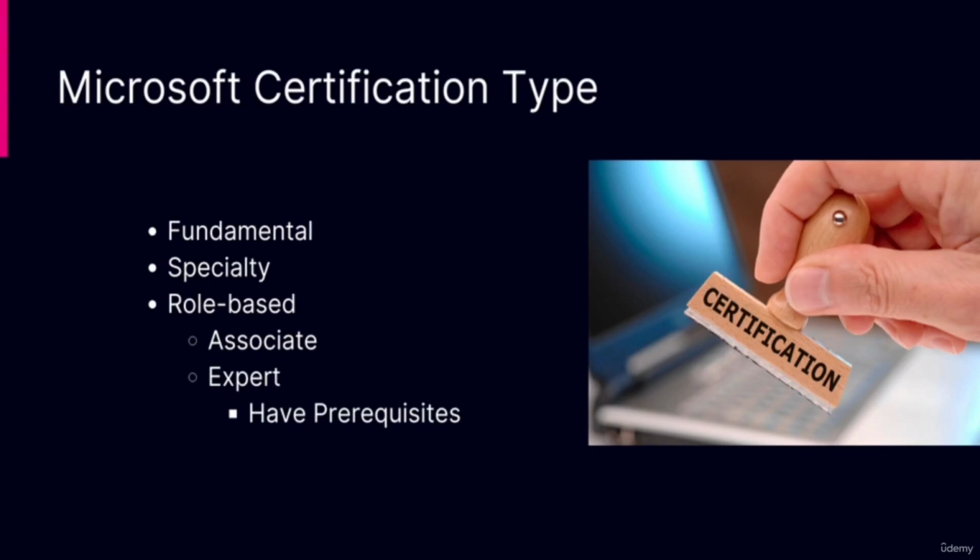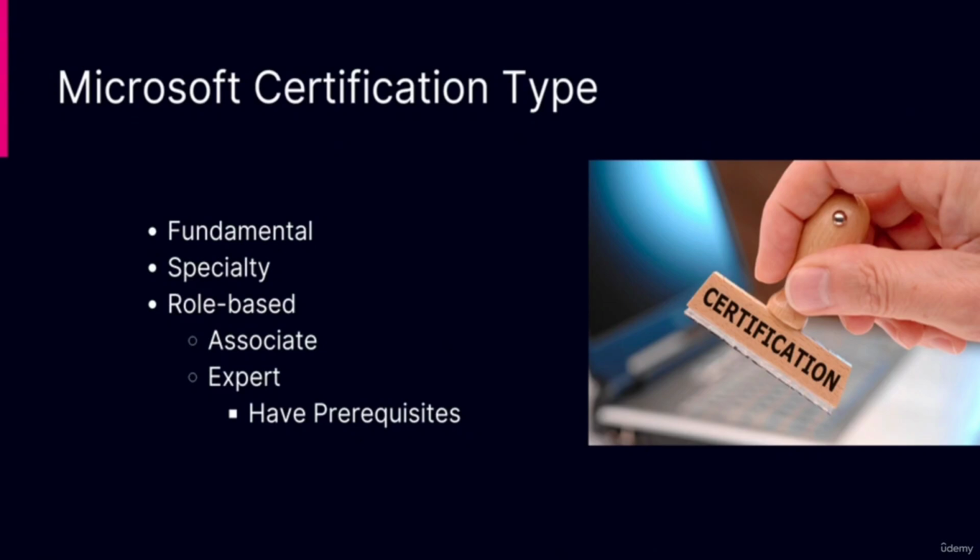Then you have role-based exams, and this is a role-based exam. Role-based exams usually have two levels. Level one is the associate level exam, and this is an associate level exam. Anyone who passes this exam will have the Microsoft Security Operations Analyst Associate certification.